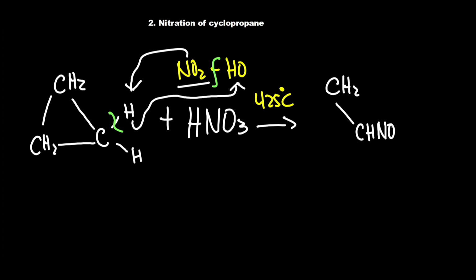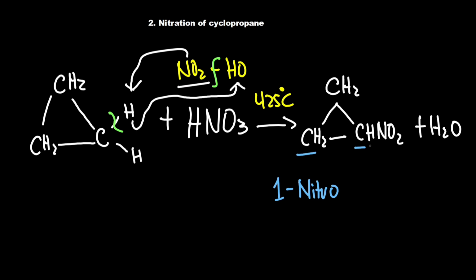So just put that something like that. Plus H2O. And now if you would want to name this, we have a nitro here. So we can put this as 1 nitro. And this, what we have here would be 3 carbon, and it is in an enclosed loop. So this would be cyclopropane.